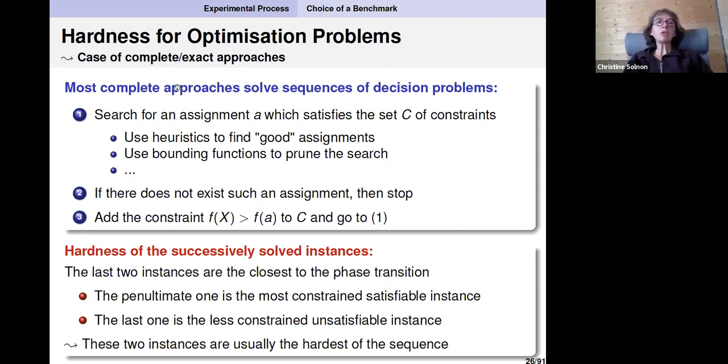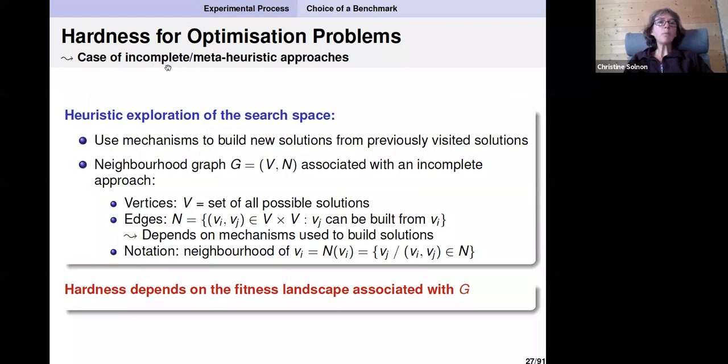Now, if we solve an optimization problem with an incomplete approach, which uses a heuristic to explore the search space, then the difficulty of instances is usually explained by studying the fitness landscape, which is associated with the instance and the algorithm. And to this aim, we build what we call a neighborhood graph. So this graph has a vertex for each possible solution of our optimization problem.